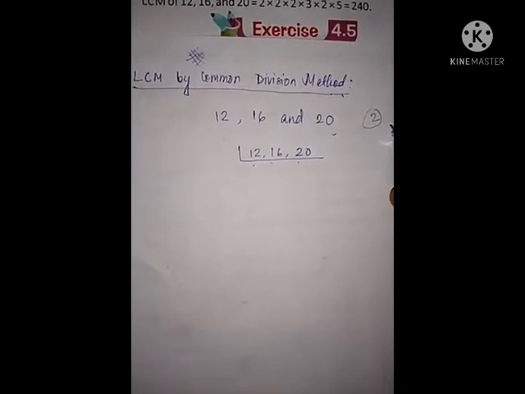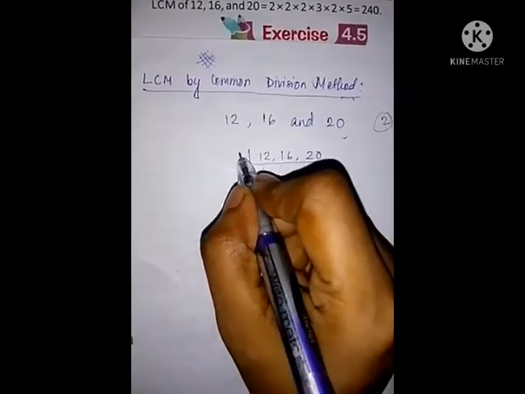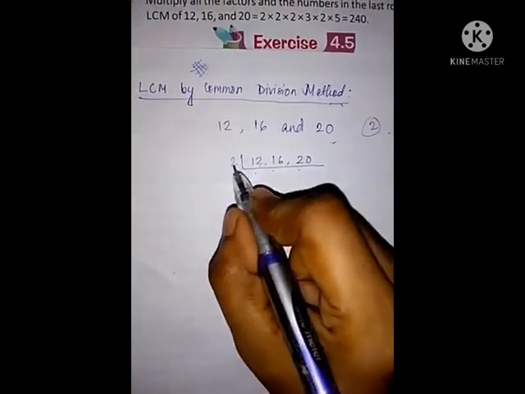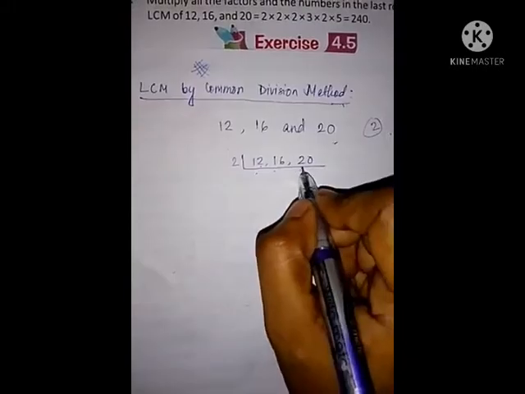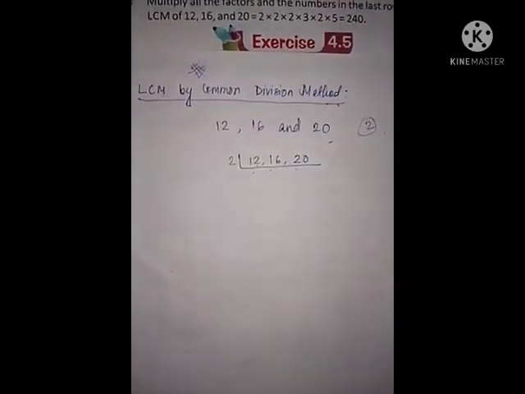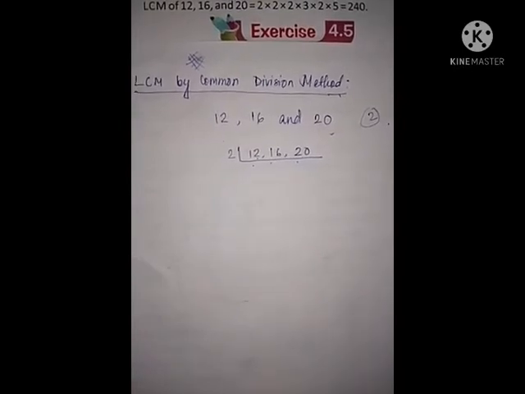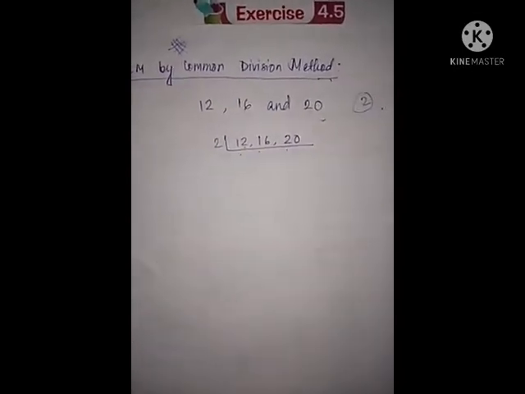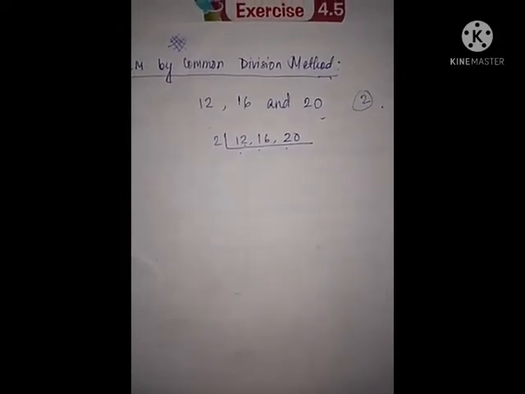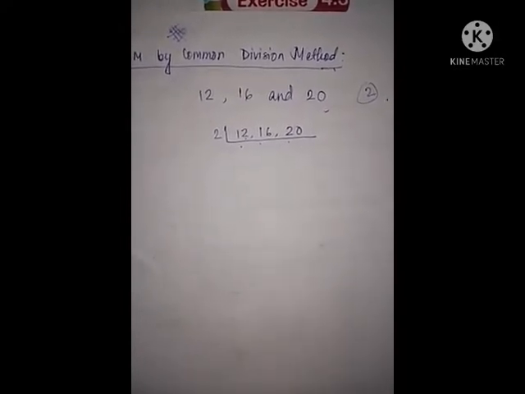12 is divisible by 2, 16 is divisible by 2, 20 is also divisible by 2. We have to divide by the smallest prime number which can divide at least one of the numbers, and bring down the numbers that cannot be divided further.